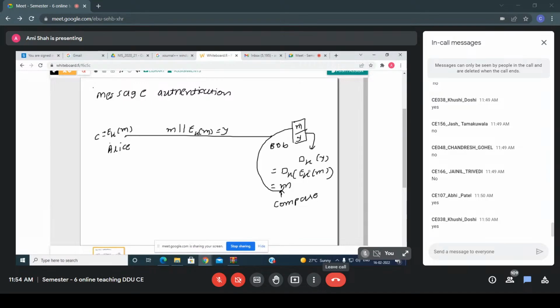So again I repeat: first of all, Alice encrypts the message. Now the message along with the encrypted message is sent to Bob.